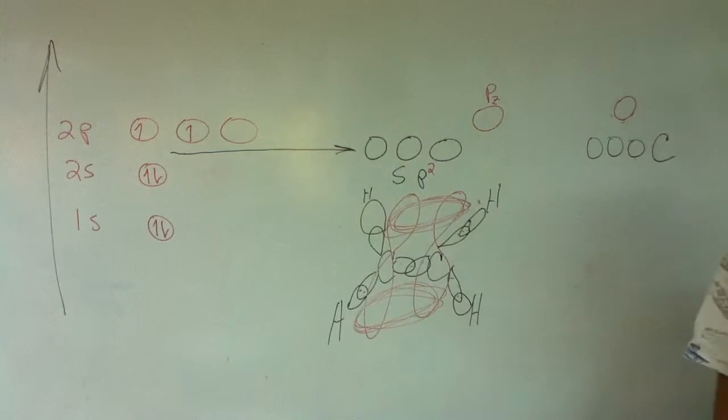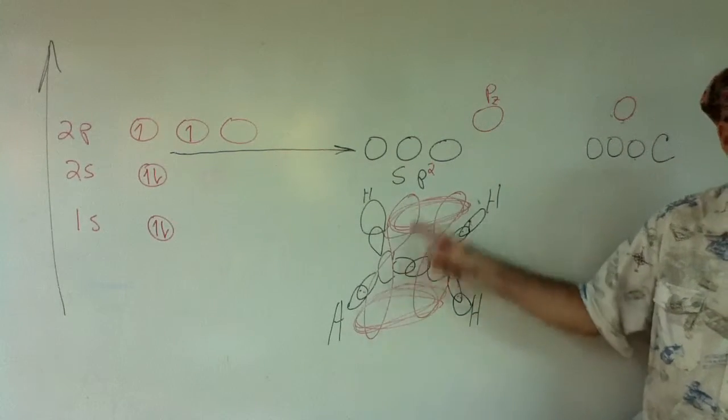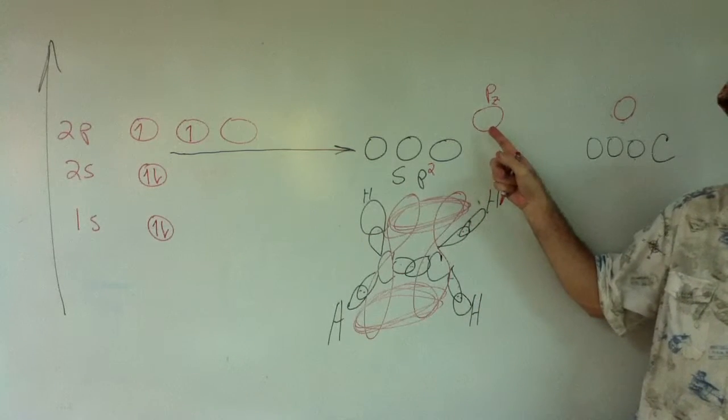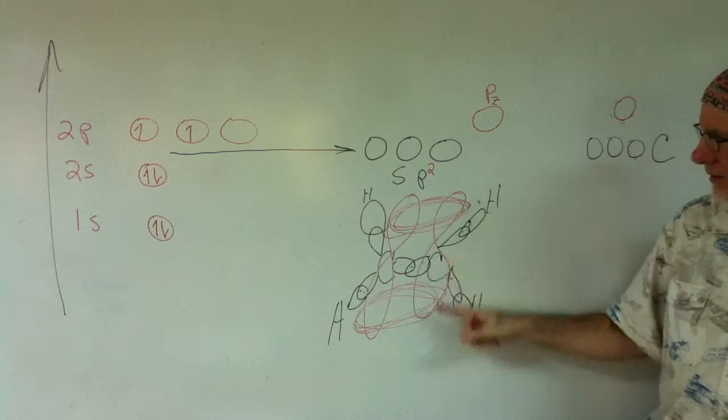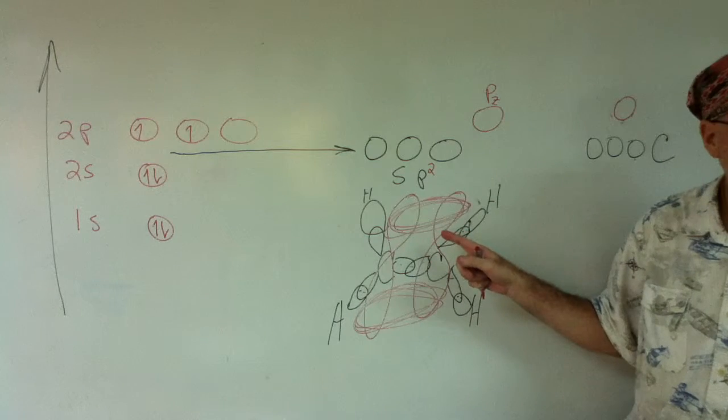You see that? This is 1p, and that's 1p, right? Remember the p subshell? It's kind of funky looking. The p orbital, okay? So that's 1 bond. It looks like 2 really, right? But it's actually 1 bond.